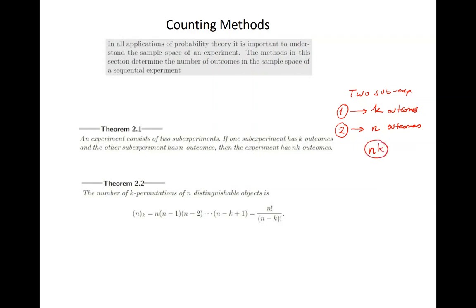Okay? N times K outcomes. That's quite easy. If you have two sub-experiments, one has K outcomes, the other has N outcomes, then the experiment will have N times K outcomes.